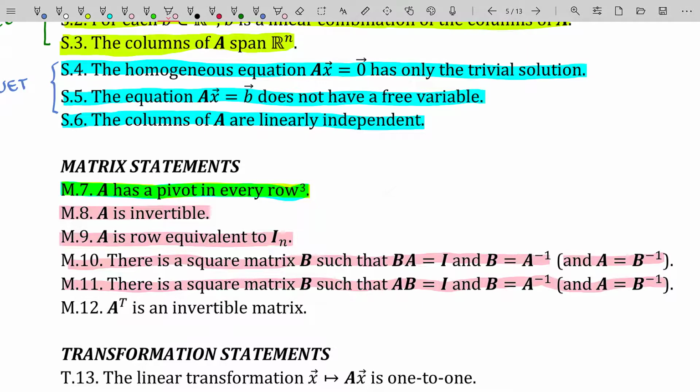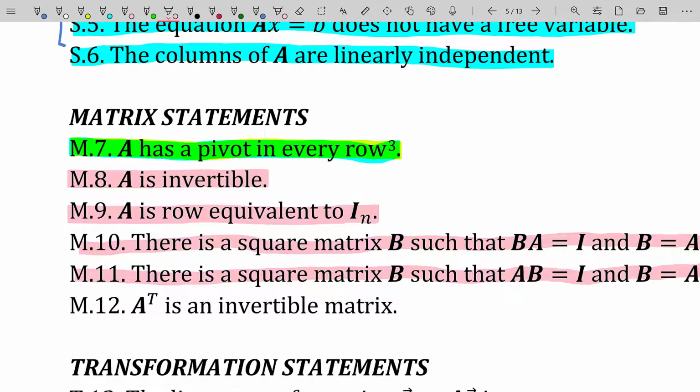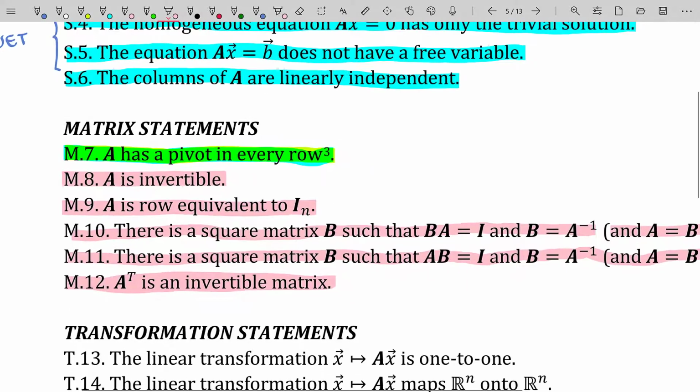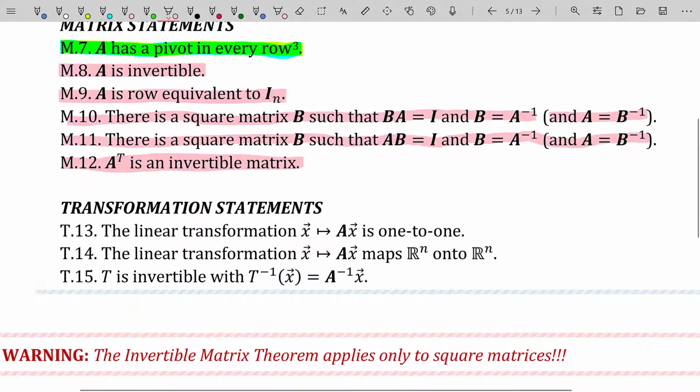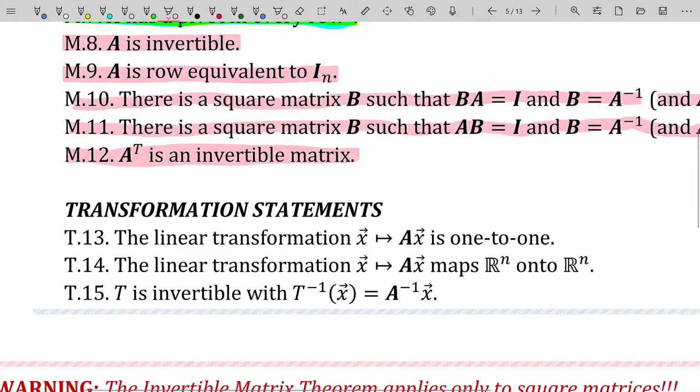Again, we have a theorem that we were introduced to, I think, in the last video, that says if A is invertible, then A transpose is invertible. So all these pink highlighted pieces are just from a previous video. Going down to the transformation statements, if A is invertible, then the linear transformation x to Ax is 1 to 1. I highlighted that blue on purpose because that is from the uniqueness equivalence theorem.